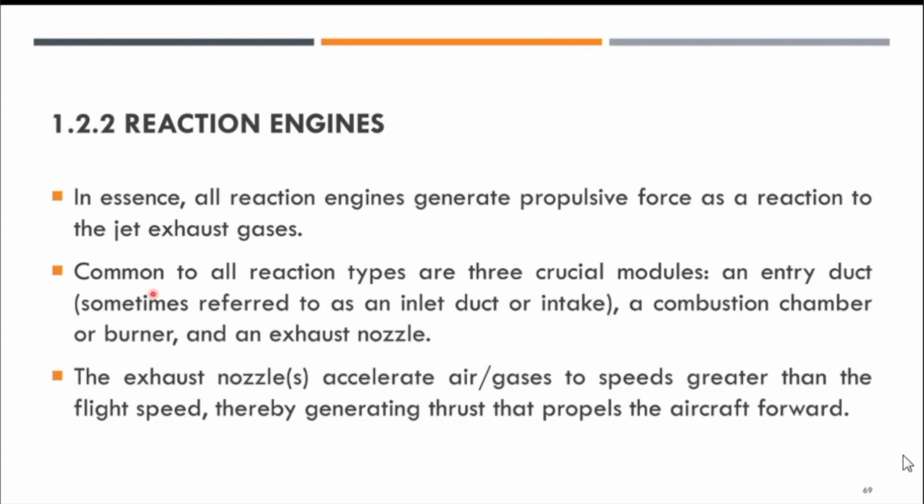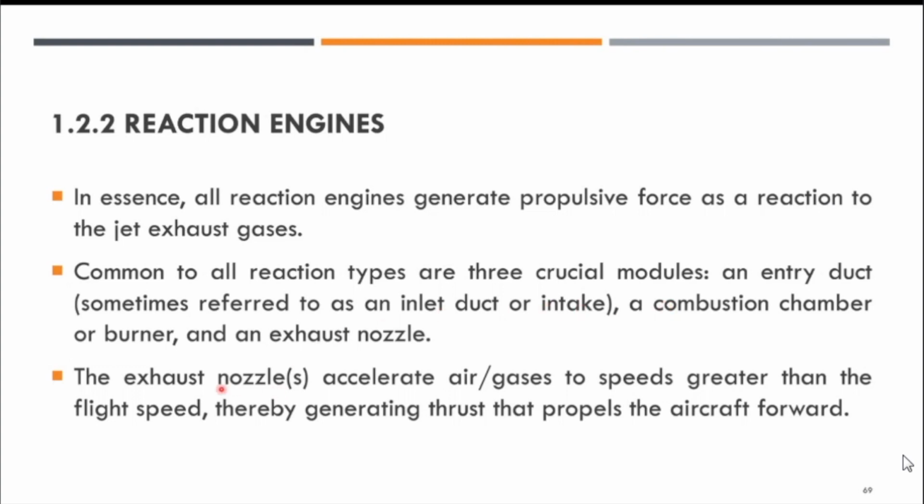Common to all reaction types, there are three crucial modules. An entry duct, normally we call it an inlet or intake, and then you have a combustion chamber where we put energy into the air that is coming into the engine, as well as the exhaust nozzle, where we accelerate the air that has enough energy from the combustion chamber through the exhaust nozzle.